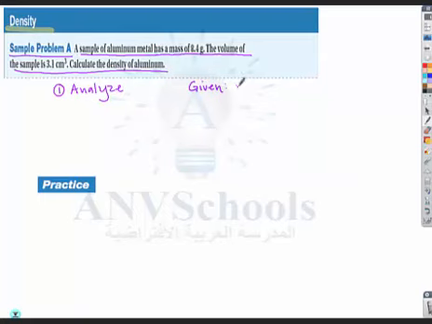We are given mass equal 8.4 grams, volume V equal 3.1 cubic centimeters. So we are given the volume 3.1 cubic centimeters.